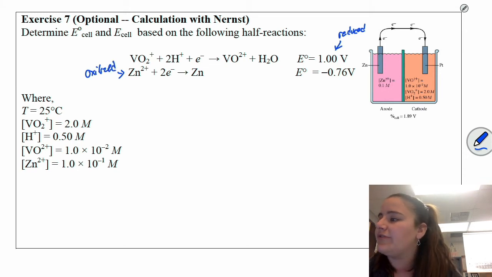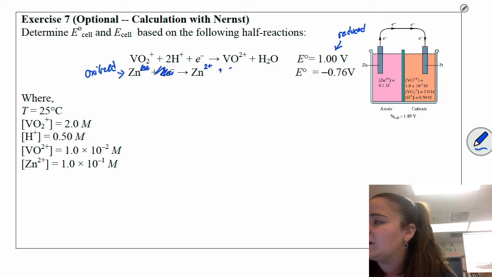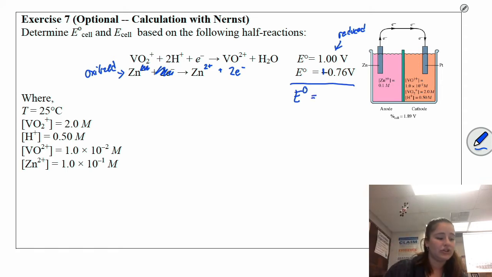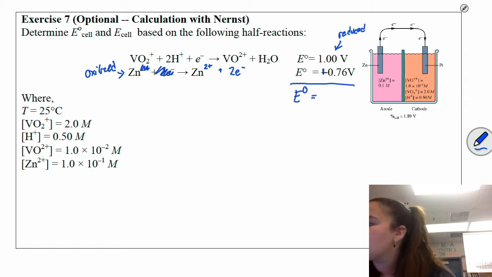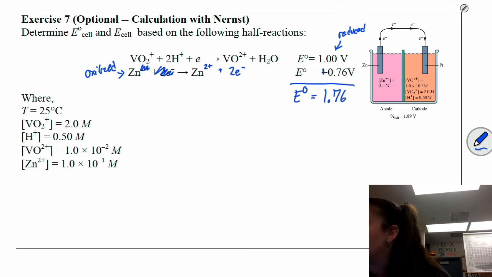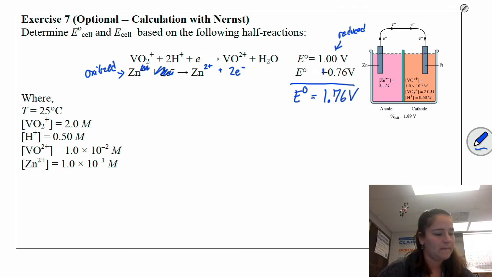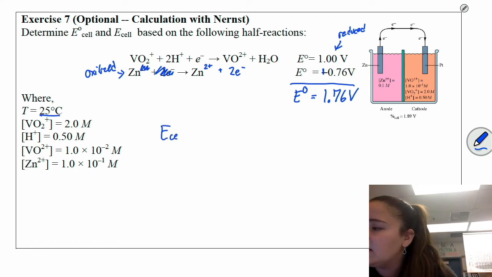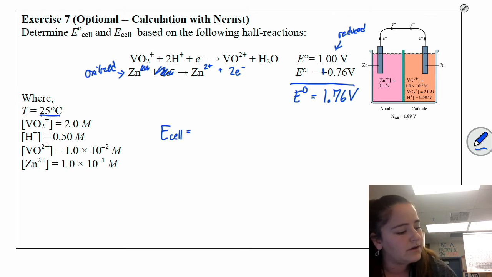So we need to flip this reaction. So I'm just going to change it to zinc 2 plus 2 electrons, and flip the sign. So our standard reduction potential for this reaction is 1.76 volts.